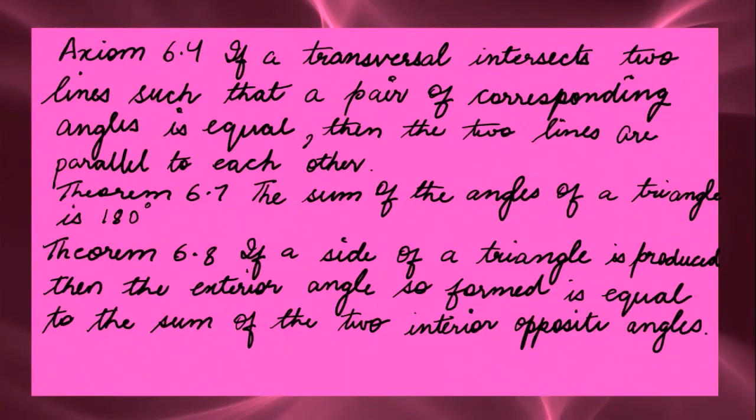Now Axiom 6.4 is, if a transversal intersects two lines such that a pair of corresponding angles is equal, then the two lines are parallel to each other. Here it is not given that the lines are parallel.